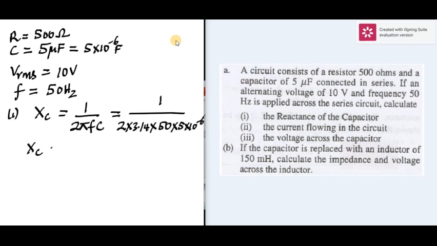The whole of that expression will give us 637 ohms as the capacitive reactance of the capacitor.